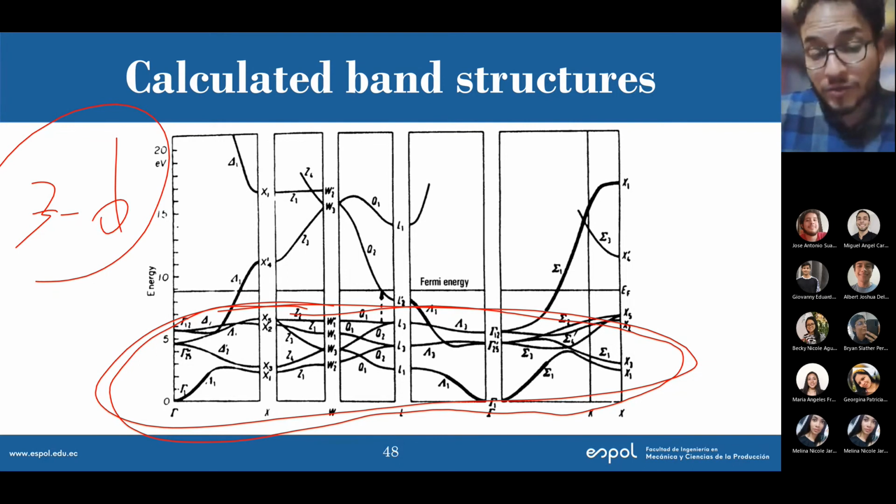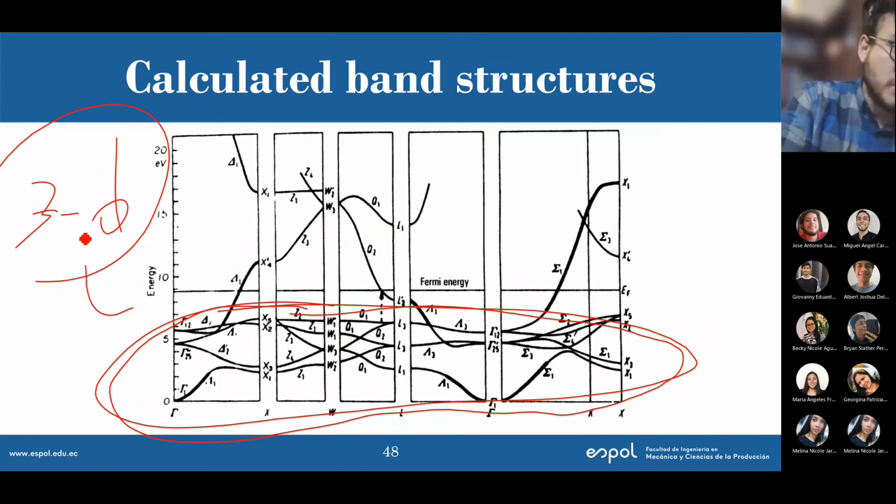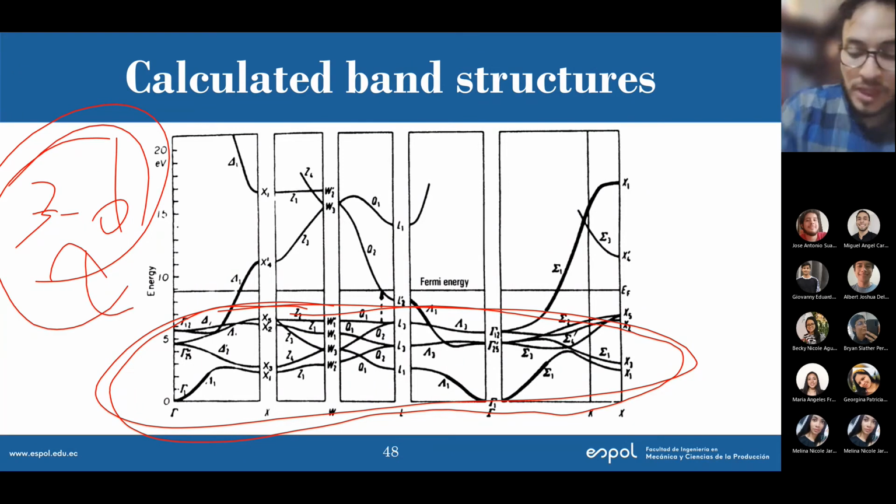Those bands are basically attributed to electrons there. That's why you have a lot of running bands there at low energy values. That's just because of the presence of that level, the 3d level, in the electronic configuration of copper.